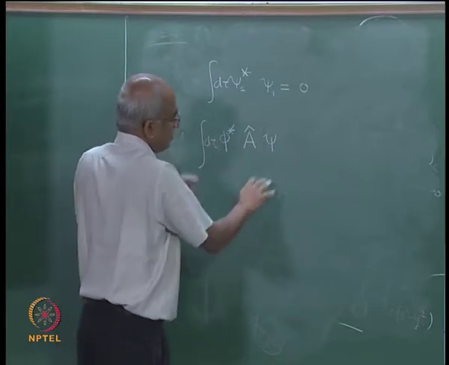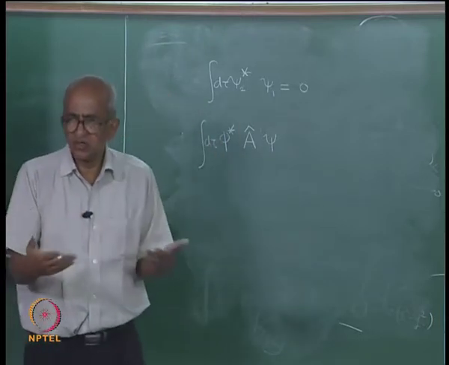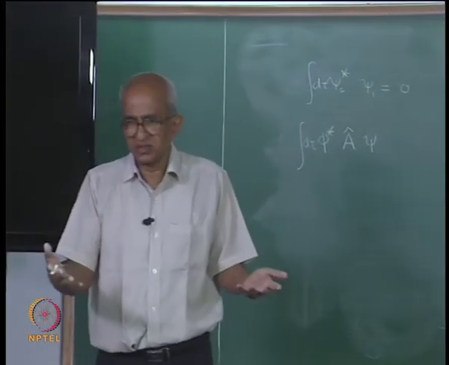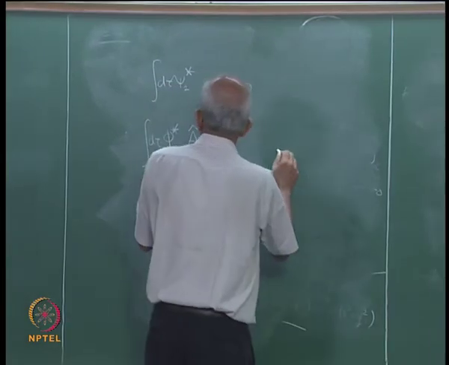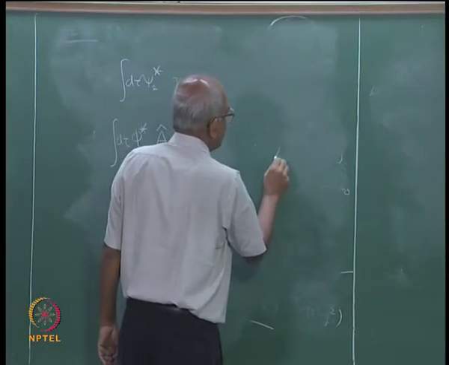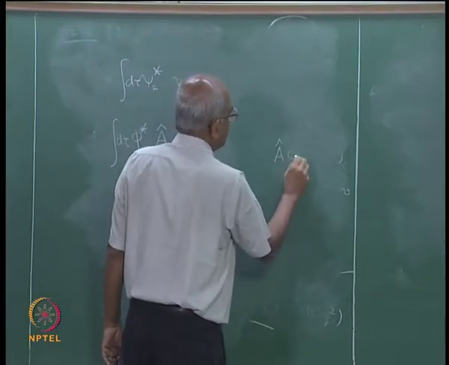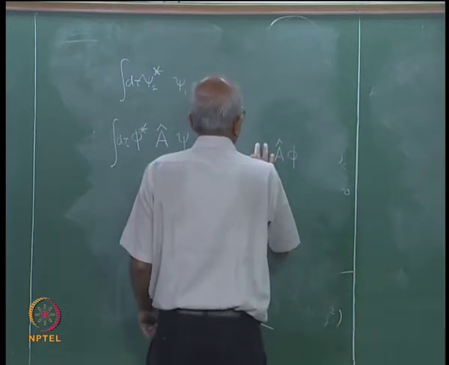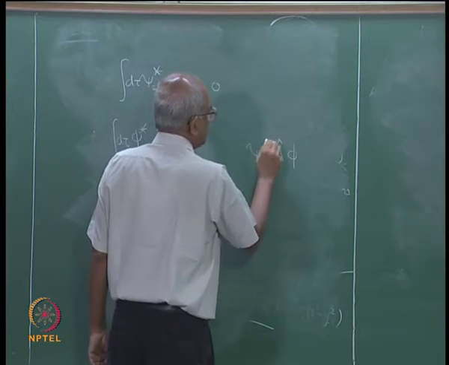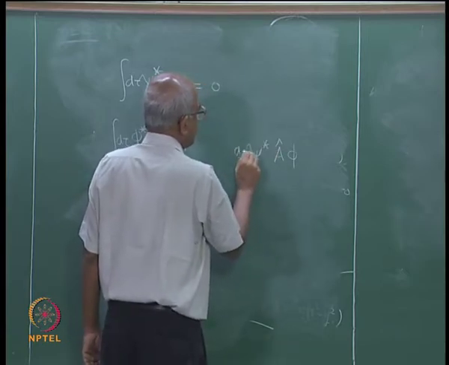Because I have done an integration over the entire space, the answer is going to be a number, and the number may be complex. Now, suppose instead I take A, allow it to operate on phi instead of psi, and then multiply it by the complex conjugate of psi and integrate over the entire space.